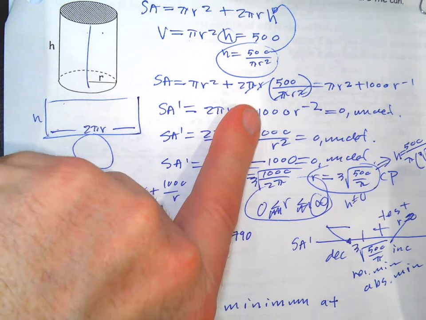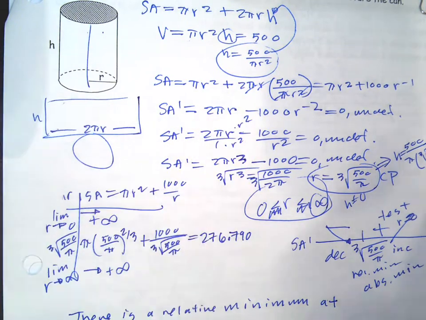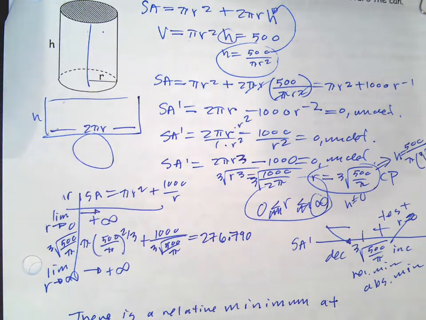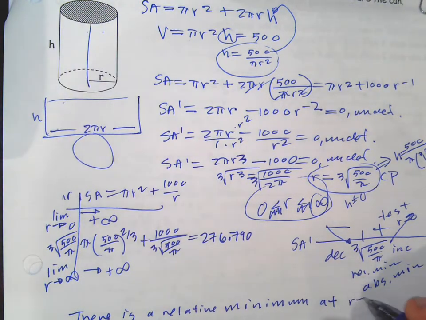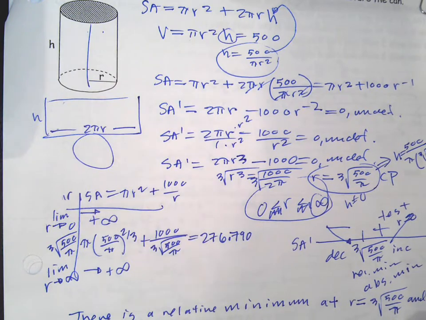This is ugly. So there's a relative minimum at r equals the cube root of 500 over pi, and h equals 500 over pi, cube root of 500 over pi squared.